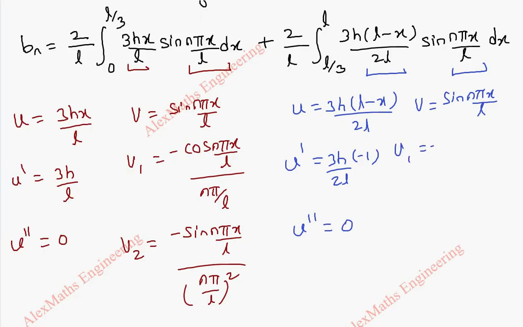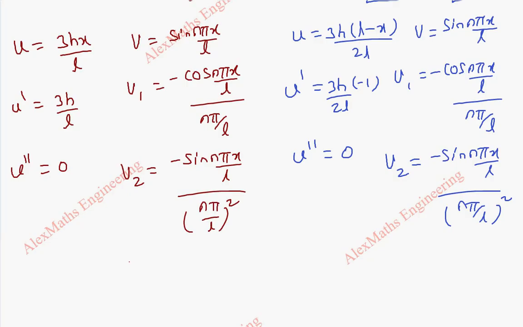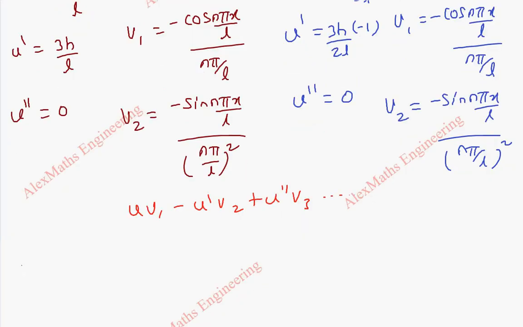Now v1 is minus cos n pi x by L by n pi by L and v2 is minus sine n pi x by L by n pi by L whole square. Now we use the Bernoulli's formula. The formula is uv1 minus u dash v2 plus u double dash v3 and so on. So we take bn equal to, outside we have 2 by L.